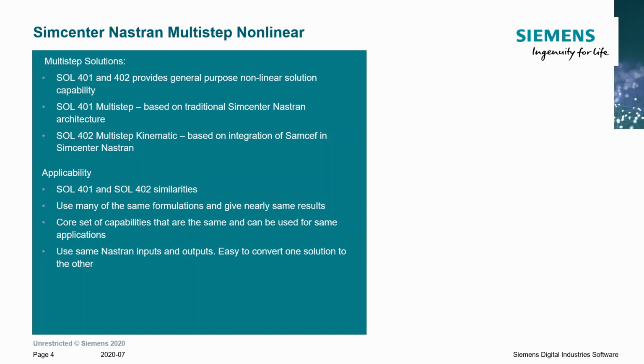They use many of the same formulations and give nearly the same results. And the core set of capabilities are nearly the same, and you can basically use both for the same application. Again, you use the same Nastran inputs and outputs, and it's easy to convert one solution to another. There are some differences in setting up the control and the subcases, and we'll go through that in more detail later.